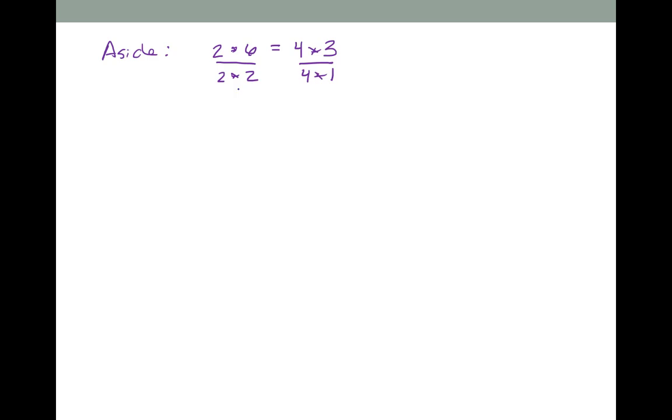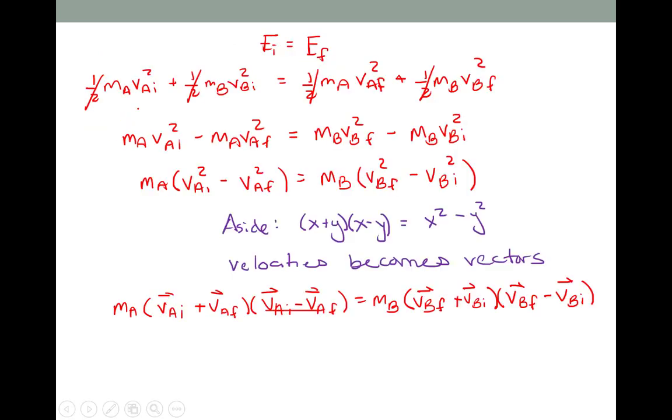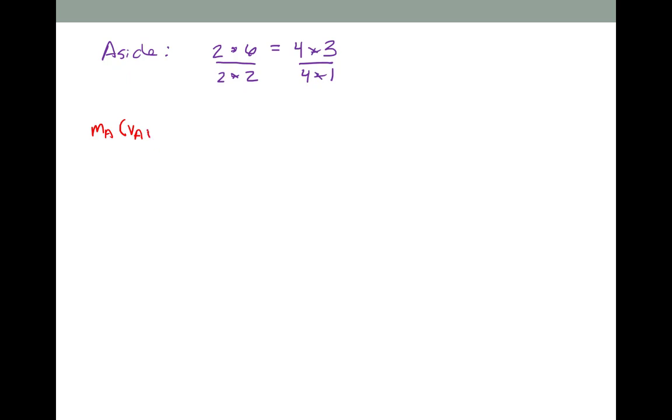Okay. So the next thing I'm going to do is take the equation we had on the previous slide, and forgive me, I have to go back and make sure I get it written correctly. It's VA initial plus VA final times VA, I think it's initial minus VA final.